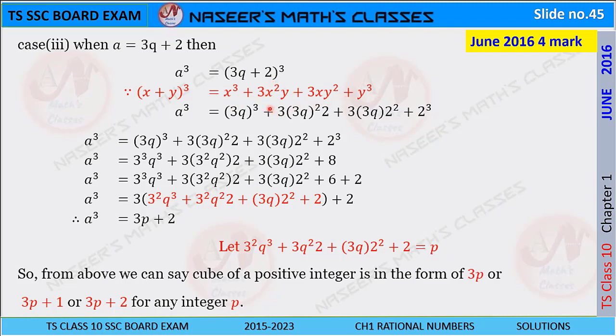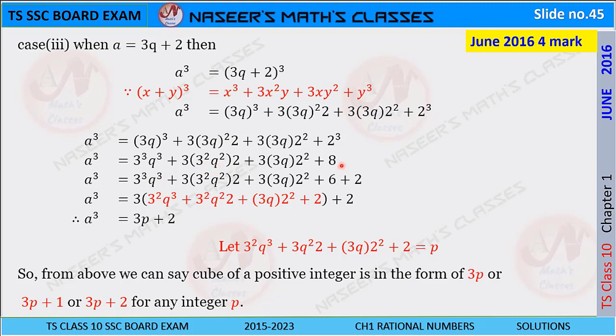By using this formula, we can write RHS as 3q whole cube plus 3 times of 3q whole square times 2 plus 3 times of 3q times 2 square plus 2 cube. Here 3q whole cube is written as 3 cube q cube, and 3q whole square is written as 3 square q square, and 2 cube is written as 8.